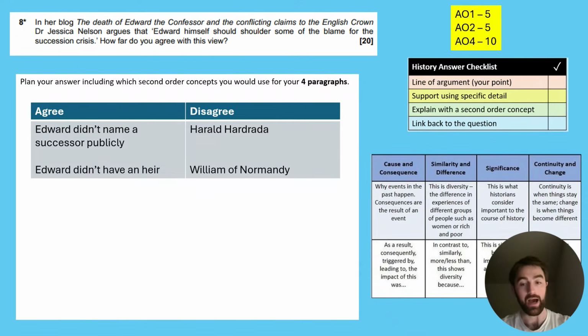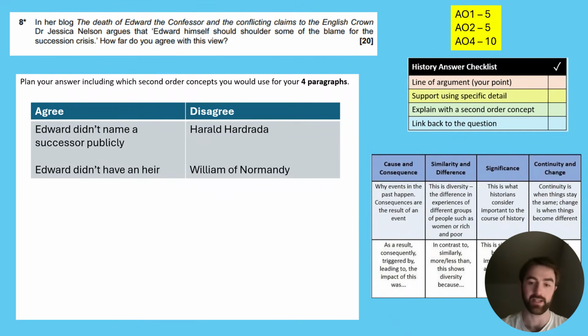That means as you're writing your response to this, you need to be constantly judging how correct or incorrect the person that is being targeted in the question is. So just make sure that whenever you're writing a paragraph in this exam, you're saying, oh, this means I agree or disagree with Dr. Nelson that Edward himself should shoulder some of the blame for the succession crisis.